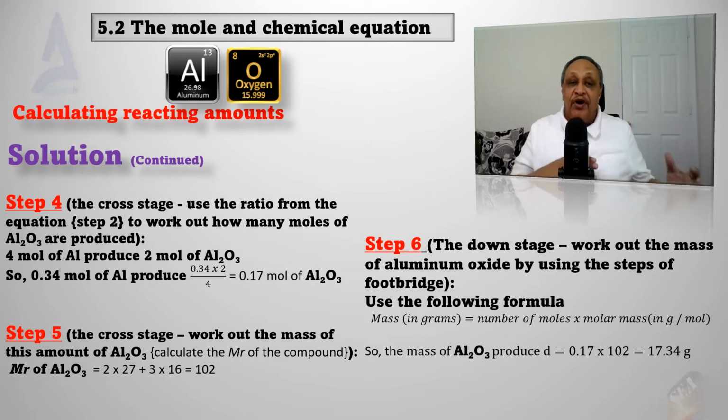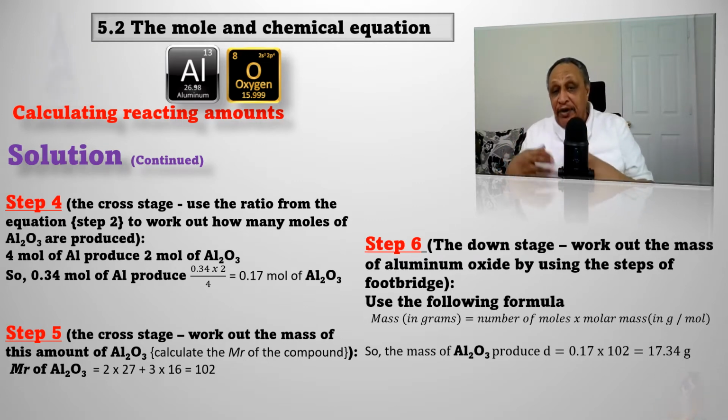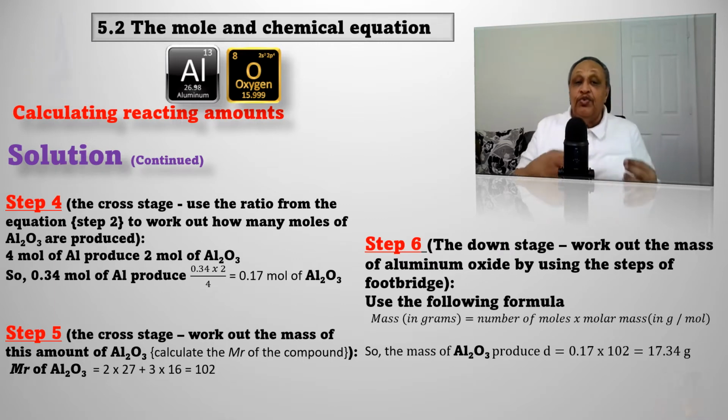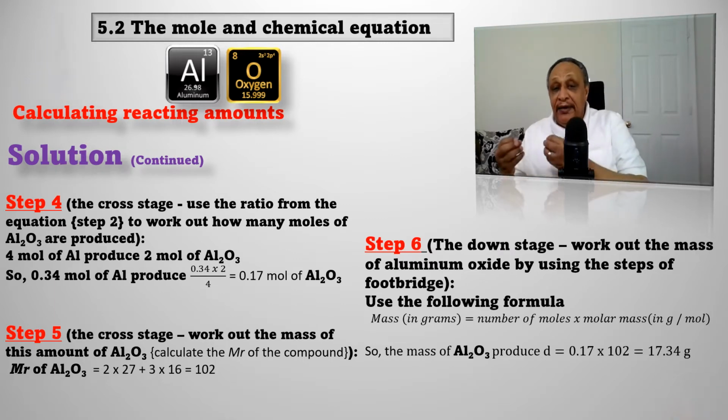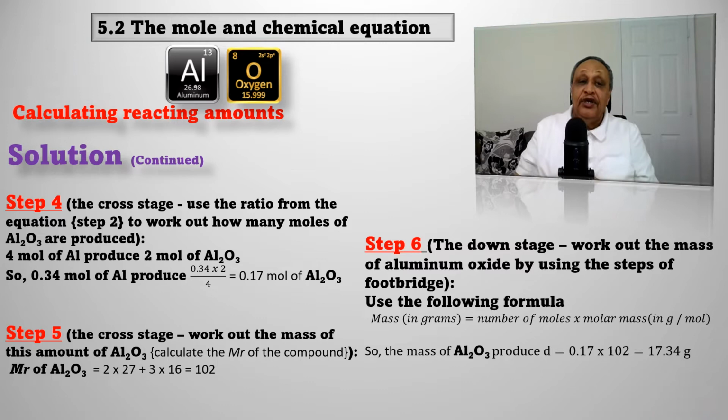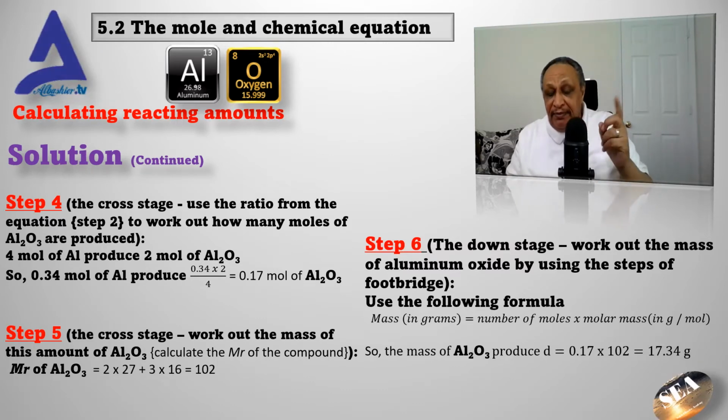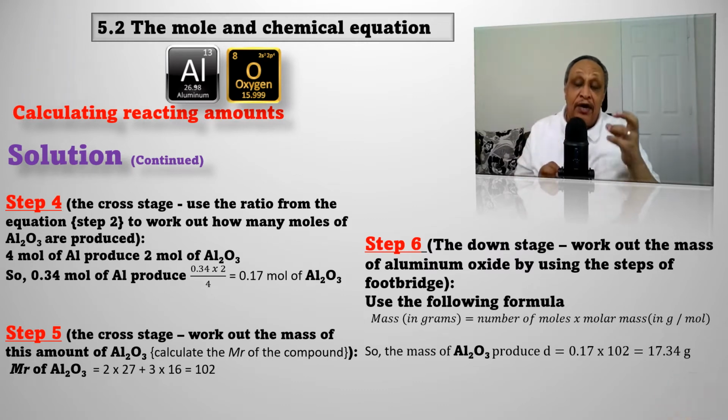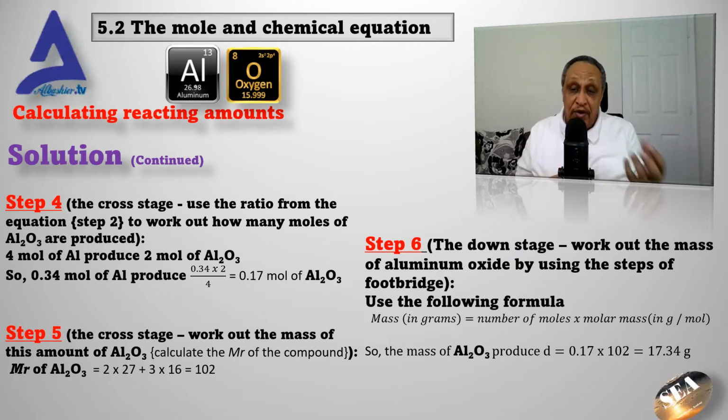Now I'm going to the cross stage, which is the plateau. I'm going to use the ratio from the equation in step 2 to work out how many moles of aluminum oxide are produced. Remember that I have only 0.34 mole of aluminum.